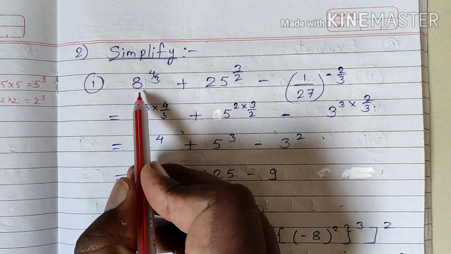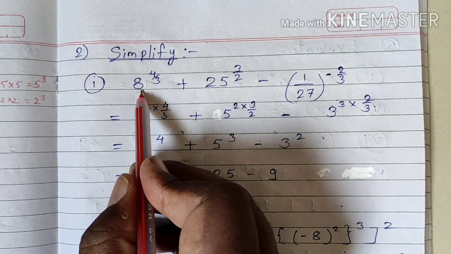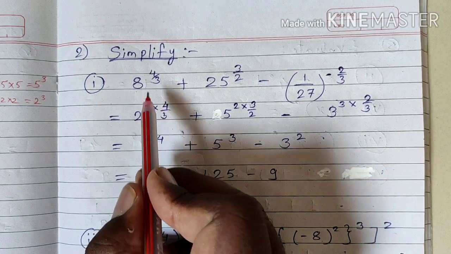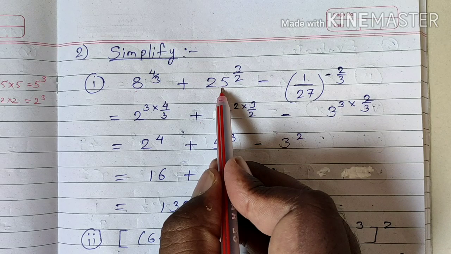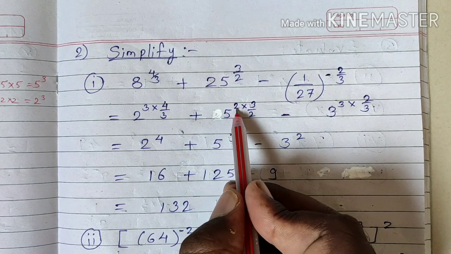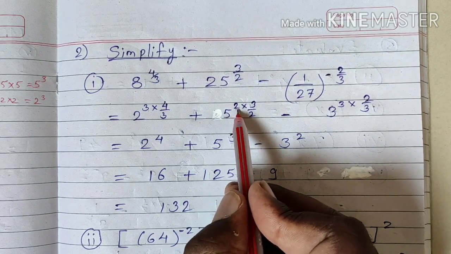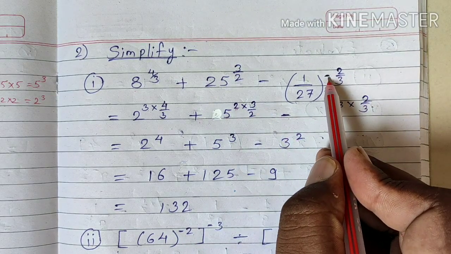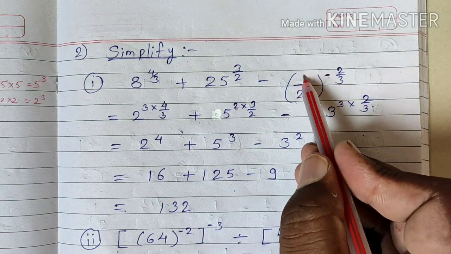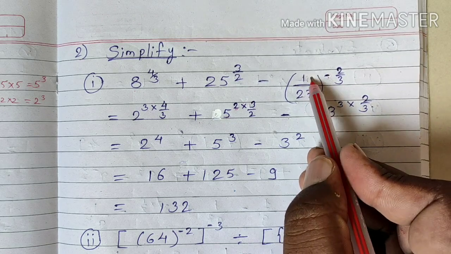8 can be written as 2 into 2 into 2, means 2 raised to 3. This 4 by 3 as it is, plus 25 can be written as 5 into 5, that means 5 square, minus, since the power is negative, to make it positive we can take a reciprocal of 1 upon 27.